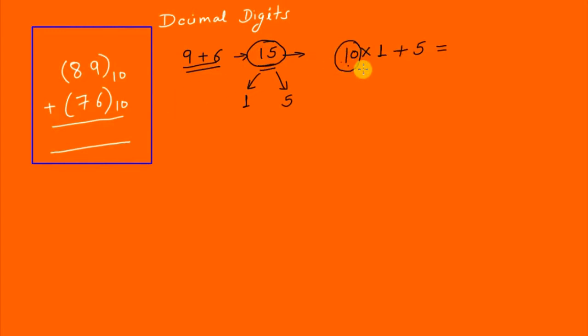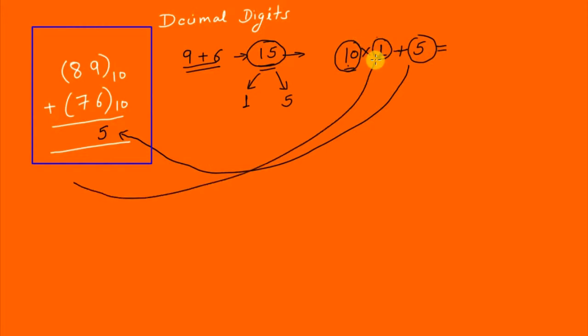Here the base is 10, so we have written 10. So 10 into 1 plus 5 is 15. I write this 5 here, and this 1 goes as a carry from here to here.